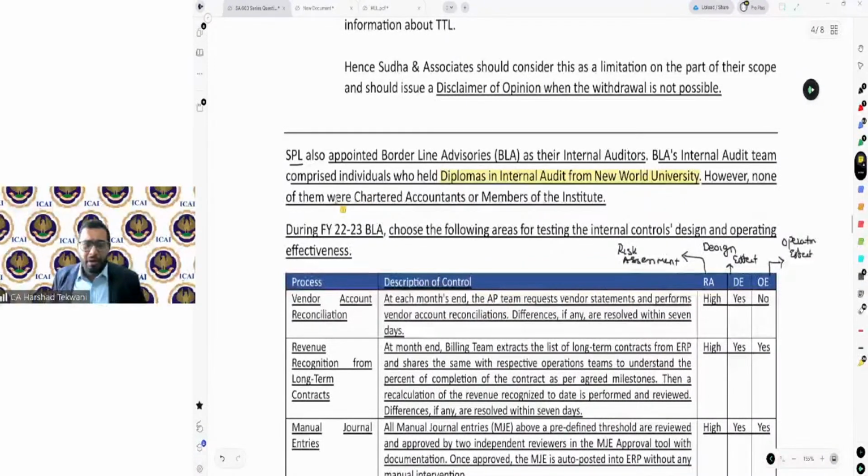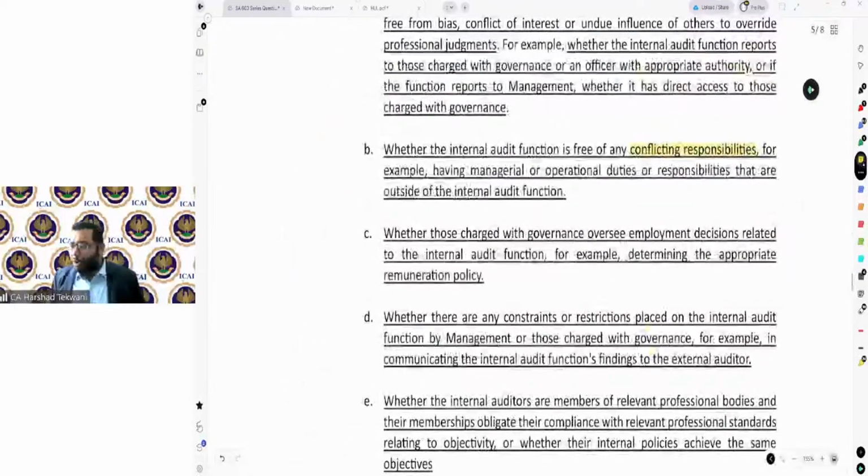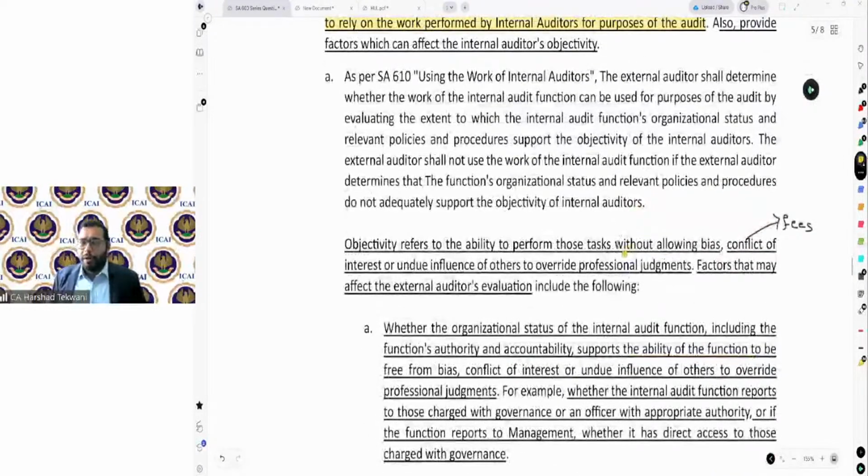They are not chartered accountants or members of the institute. None of them were chartered accountants or members of NCA. So again, that also creates a doubt about the objectivity. Hence, in the current case, it is not appropriate to rely upon the work that will be performed or is performed by the internal audit function.